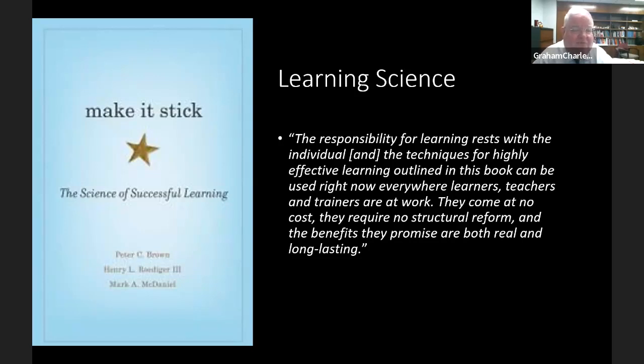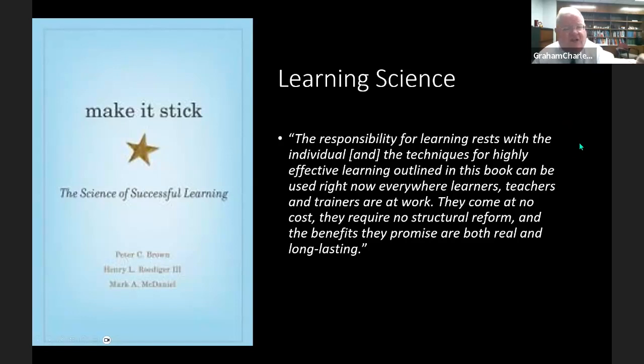But this book, Make It Stick: The Science of Successful Learning, is written by 3 cognitive psychologists who I think really nicely describe a set of concepts from learning science that help make the teaching more effective for the learner.